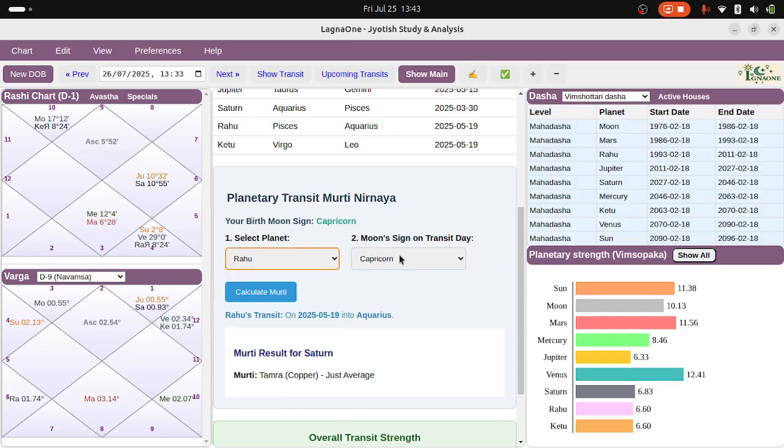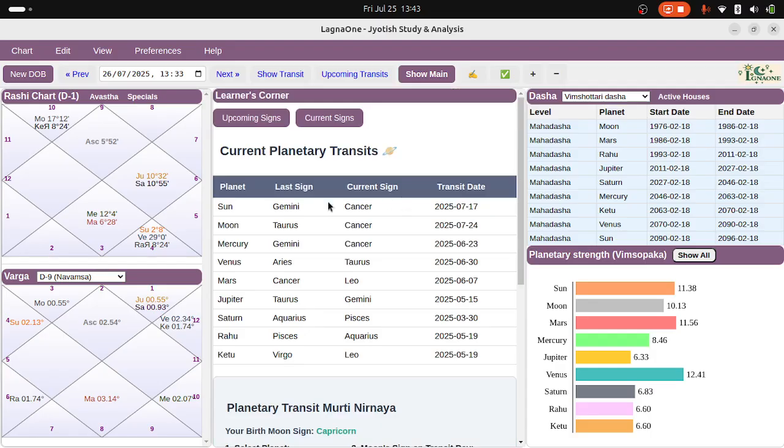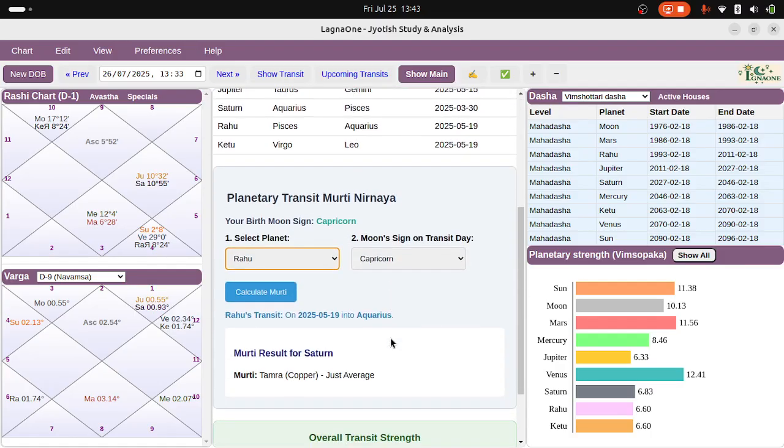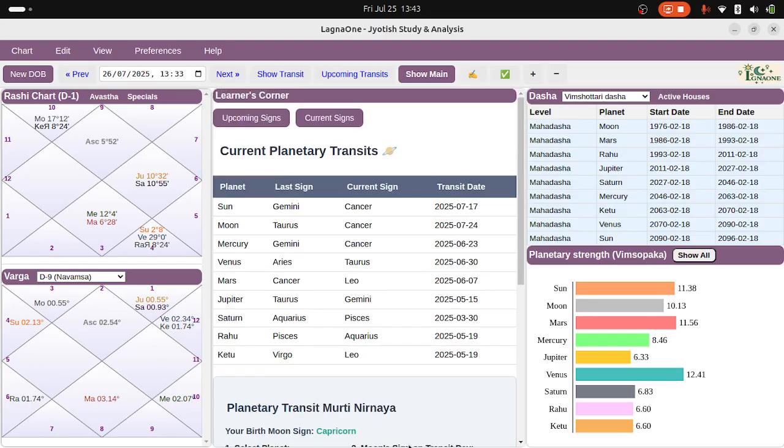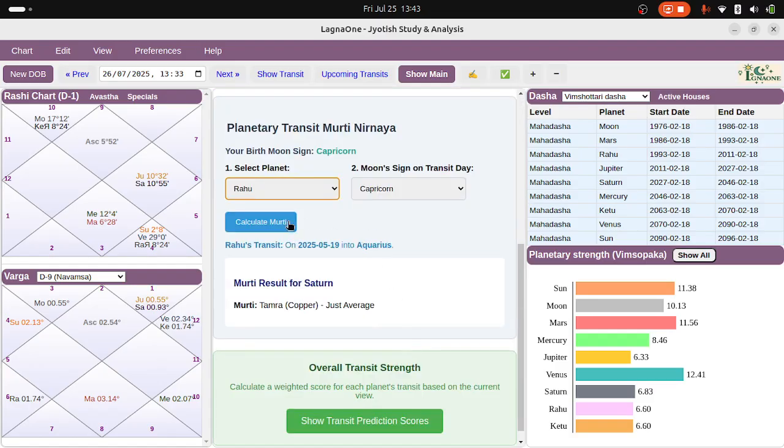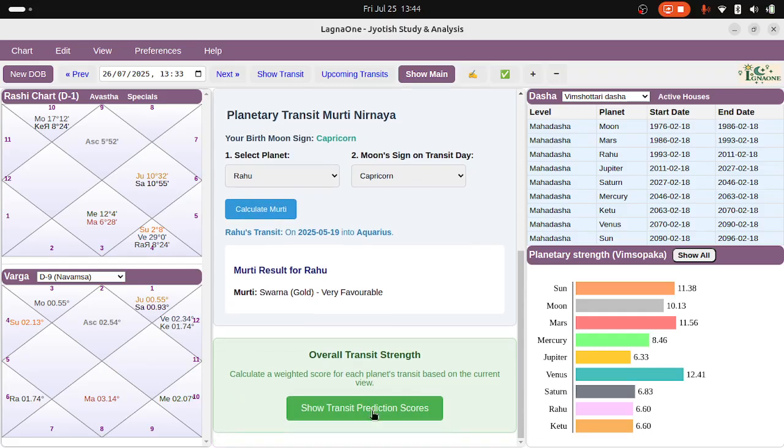It loads the moon sign, where the Moon was when Rahu transited into its current sign, because we have chosen current transits here. If you go to upcoming, it will show for the next one. Whatever you have chosen here, everything applies to that. So if you calculate Murti, it shows very good, very favorable. Rahu for this person's moon sign is favorable. Okay, so now this is important.